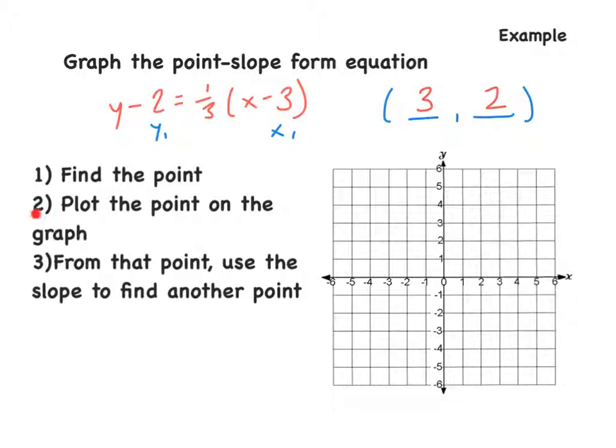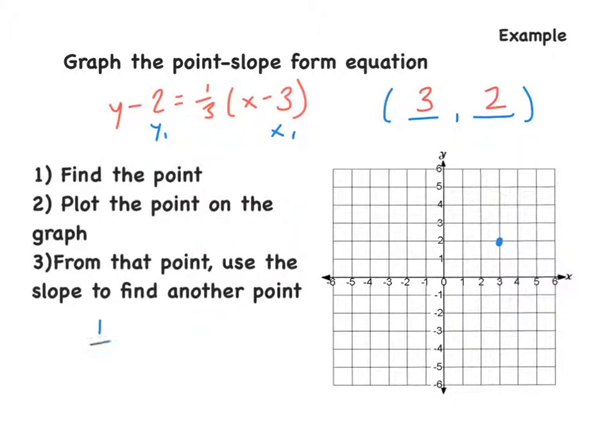Step 2, plot this point on the graph. Plot the point (3, 2) on the graph. So we go over 3, up 2, plot that point there. Good. Now, step 3, from that point (3, 2), use the slope to find another point. Remember our slope is 1/3.